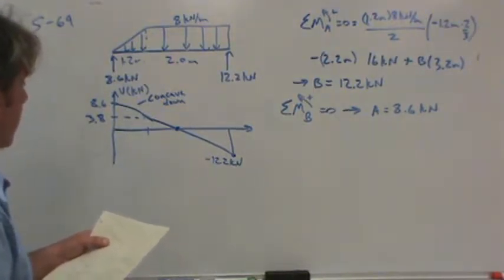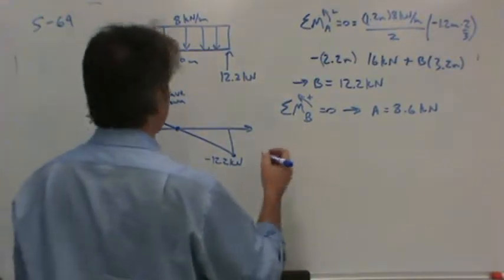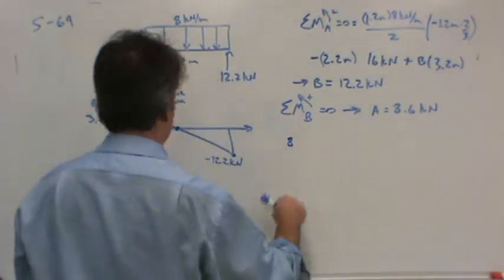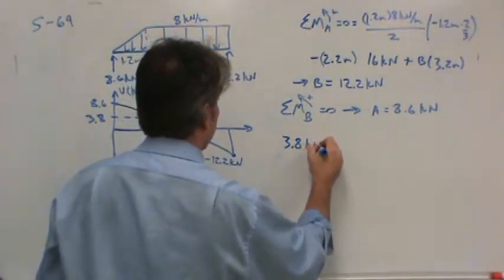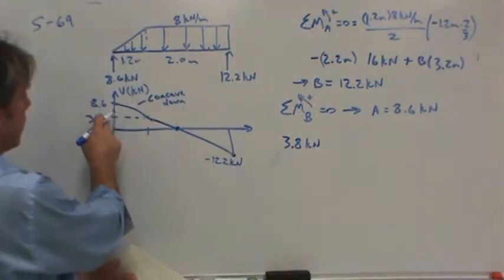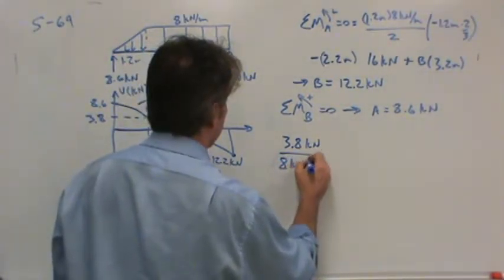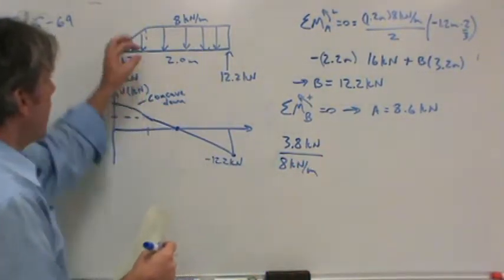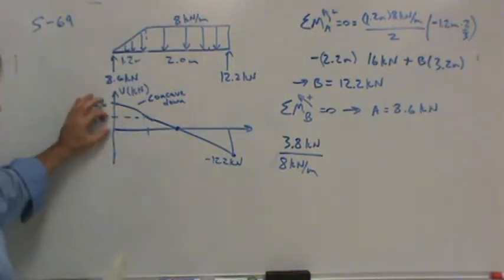But then I wanted to calculate the location of this contact point, this crossing. What I did is I took 3.8 kilonewtons, which is the magnitude of the shear here, and divided it by 8 kilonewtons per meter. Basically asking the question, how many meters of this 8-kilonewton load do I need to come up with 3.8 kilonewtons worth of force?